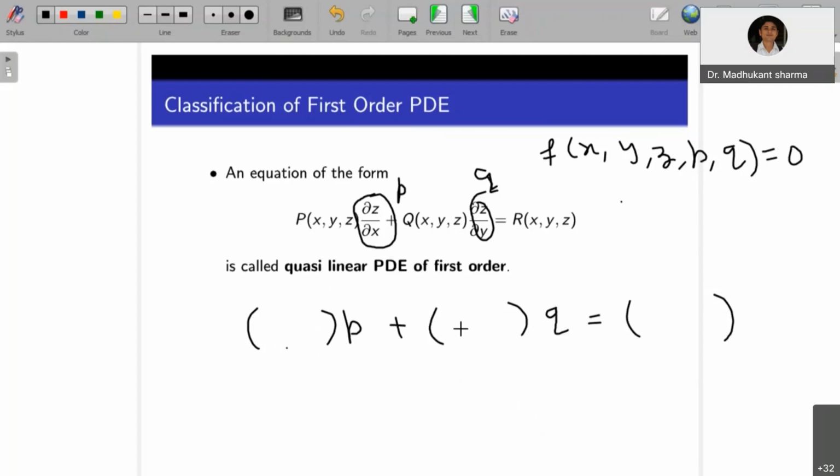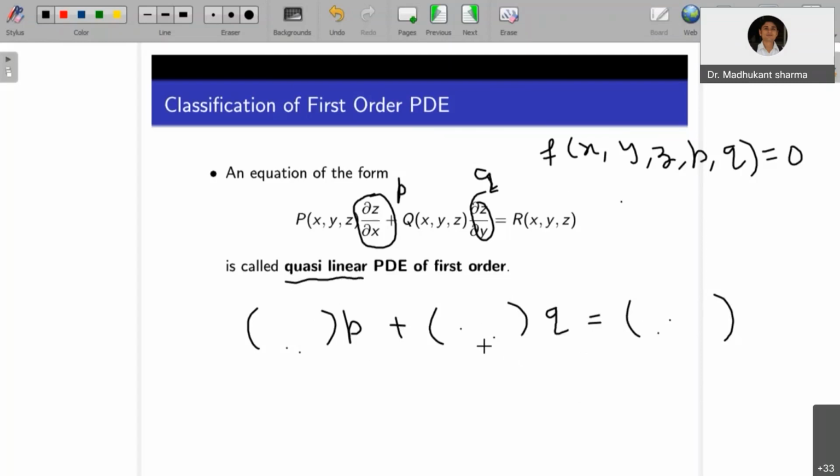These coefficients involve only x, y, and z. All these brackets are only functions of x, y, and z.